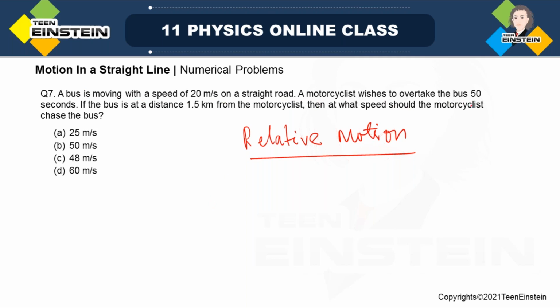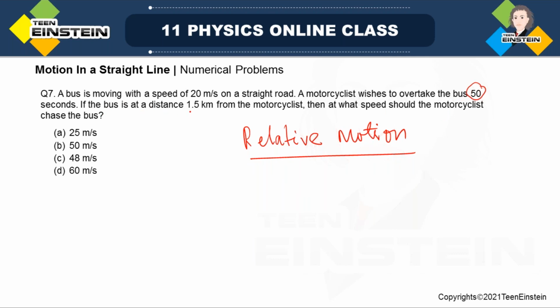A motorcyclist wishes to overtake the bus in 50 seconds. This is a crazy thing we do while riding a bike; some people try to overtake all others and go faster.